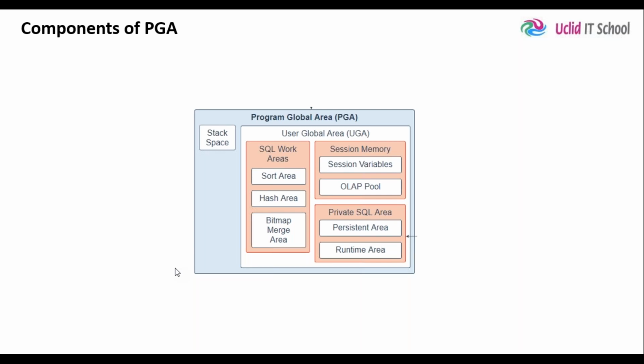Like SGA size, the DBA can specify PGA size. SGA size plus PGA size is nothing but Oracle memory size. Now suppose I specified SGA size as 1 GB and PGA size as 2 GB for my Oracle database.